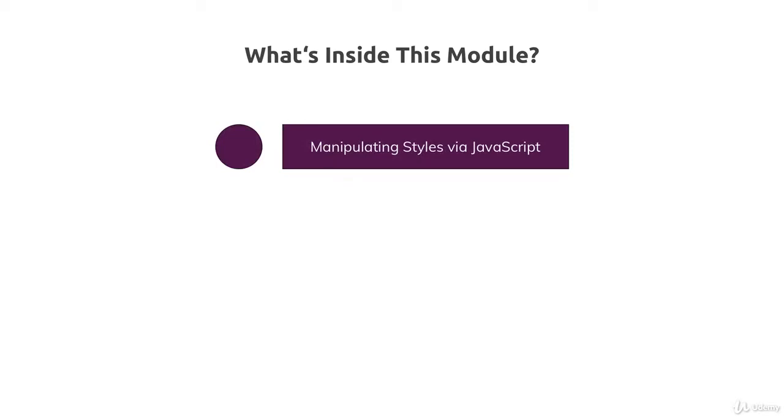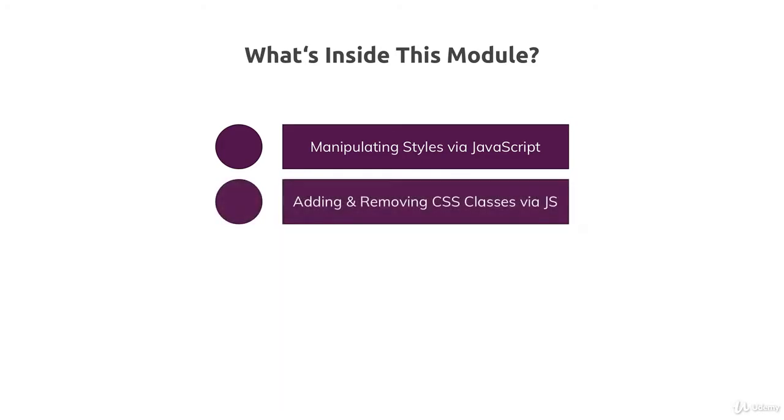And you will also learn how, in cases where you don't want to directly manipulate styles, you can add or remove CSS classes with JavaScript. These are two core features that all of a sudden allow you to change styles during runtime. So let's dive right into this and let's add some examples to our course project.